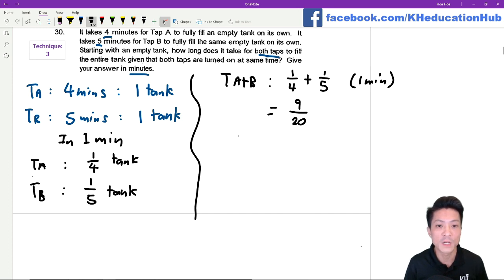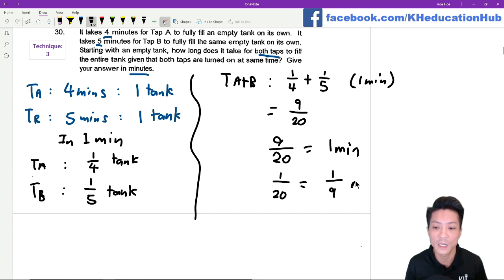They want us to find how long does it take for both taps to fill up the entire tank. So, which means that 9 over 20 is equals to 1 minute. Time taken to fill up 1 over 20 of the tank is 1 out of 9 minutes.